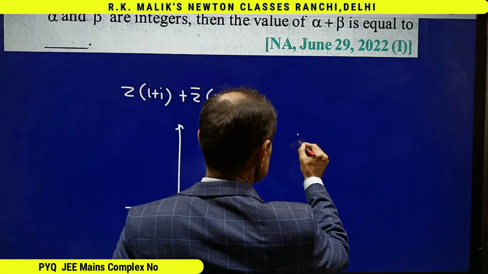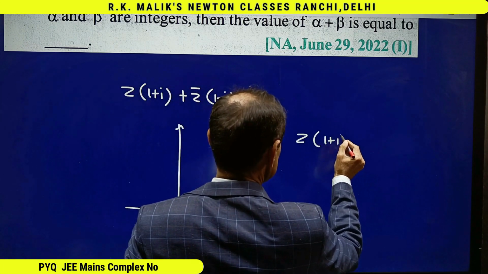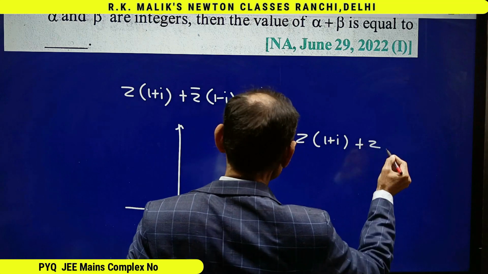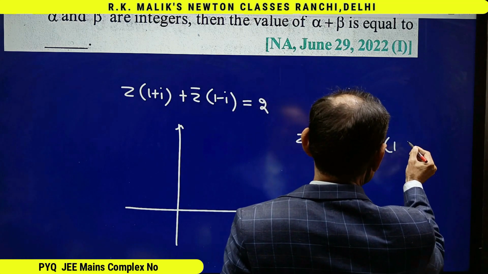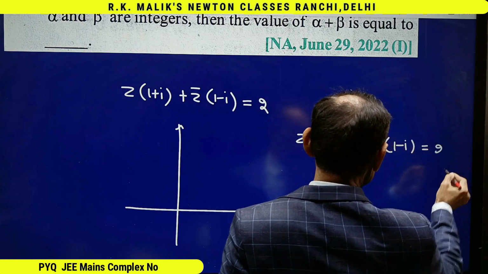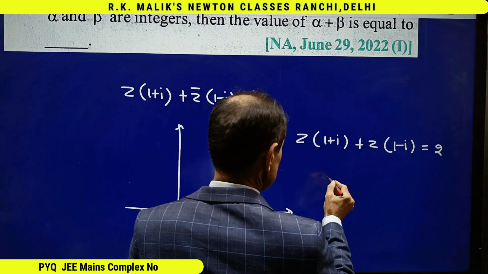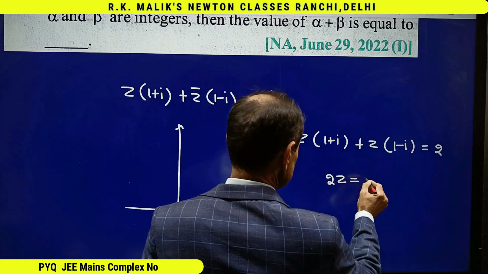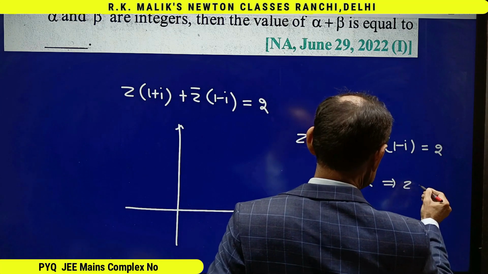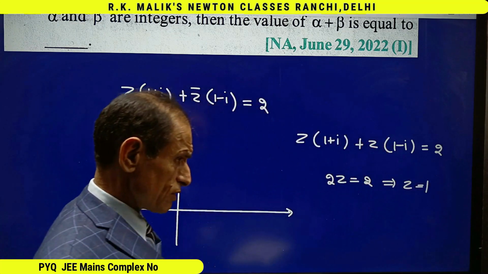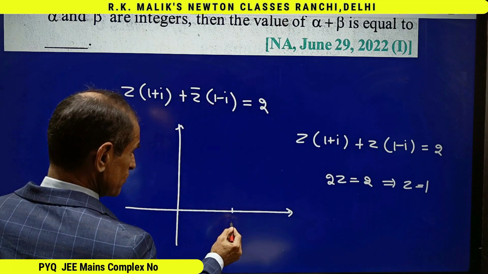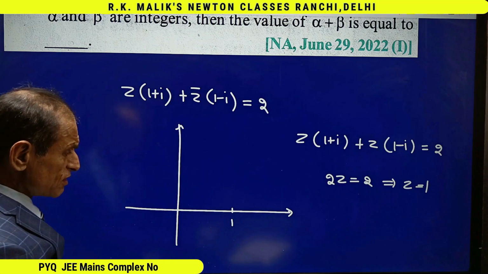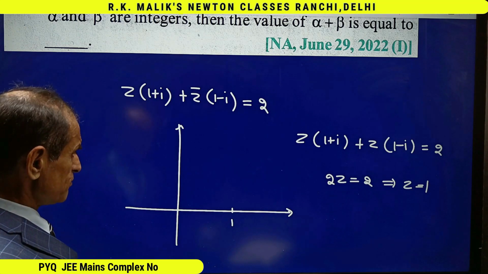I'll be getting z into 1 plus iota plus z into 1 minus iota equal to 2. That is 2z equal to 2. That is z equal to 1. That is, this is the point where the line cuts the x-axis.